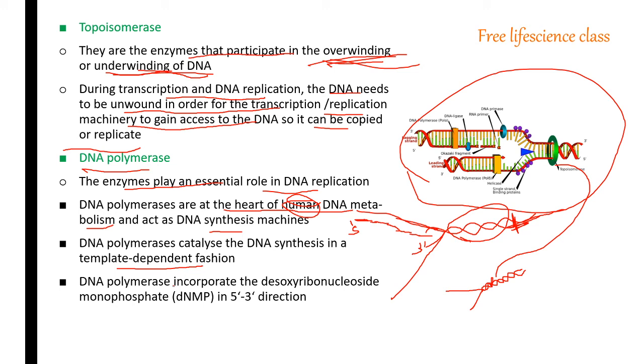So DNA polymerase incorporates the deoxyribonucleoside monophosphate in 5' to 3' direction. So this is the important DNA polymerase, very important in synthesizing DNA.